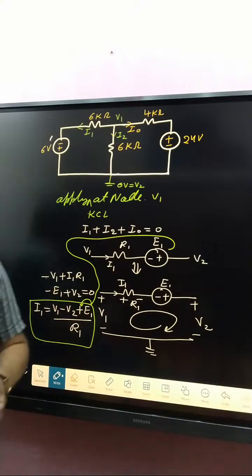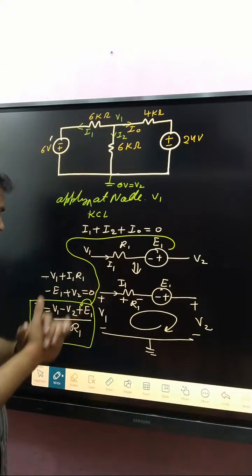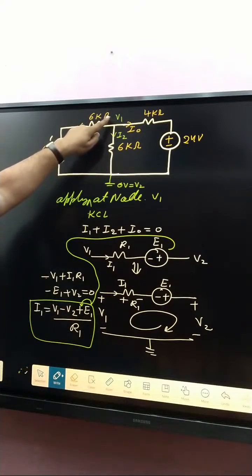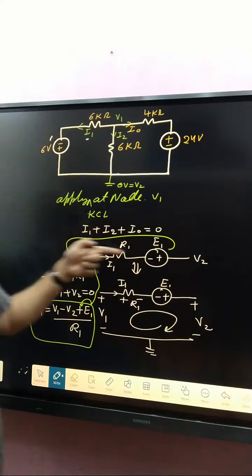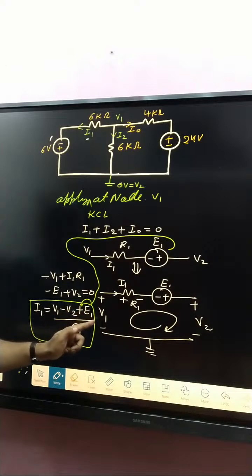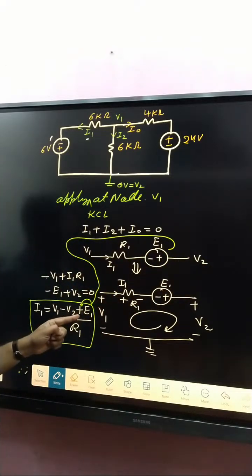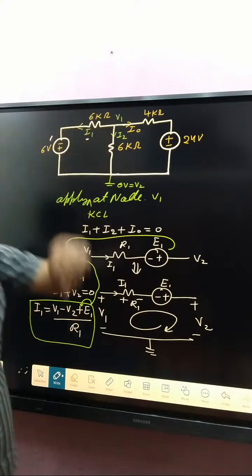Okay. So how can we memorize that I1? Simply, initial voltage minus final voltage. If the current leaves from the positive terminal, then E1 is positive. If the current leaves from the negative terminal, then it is negative. Divide by whatever resistance is in that branch.